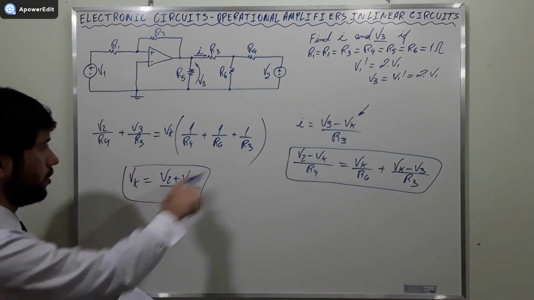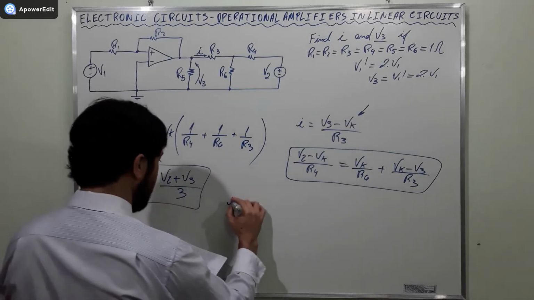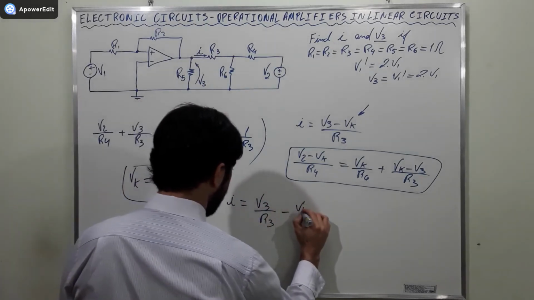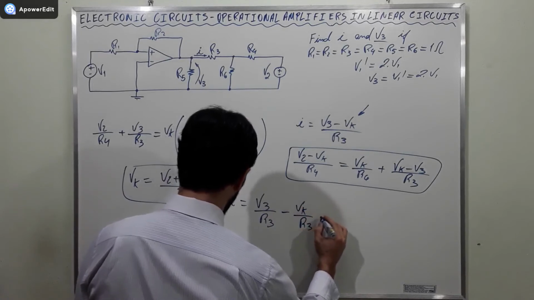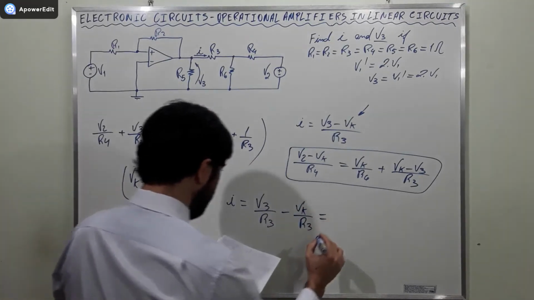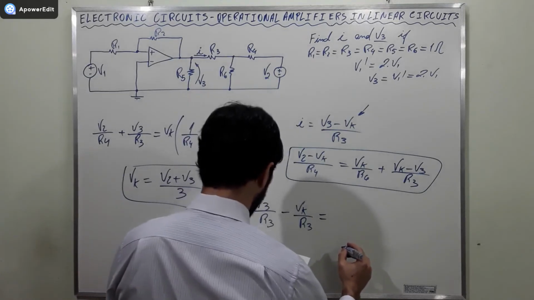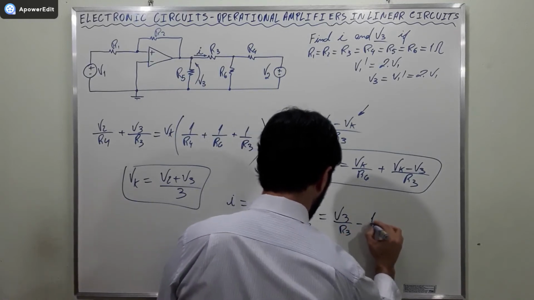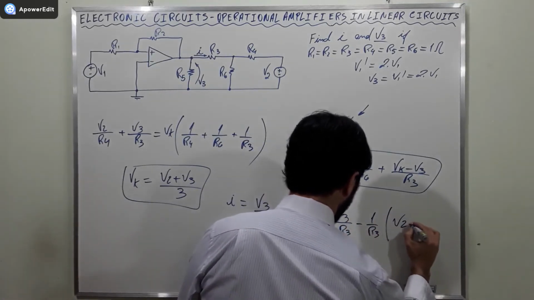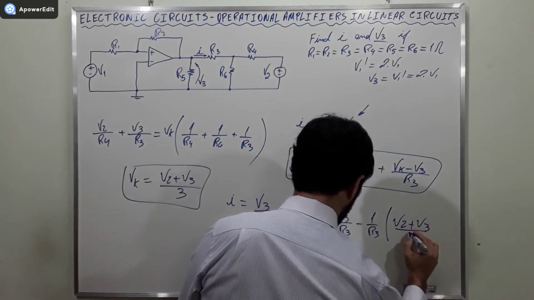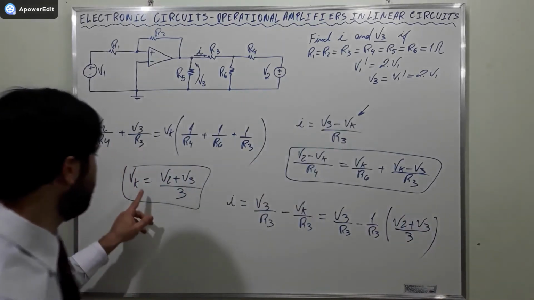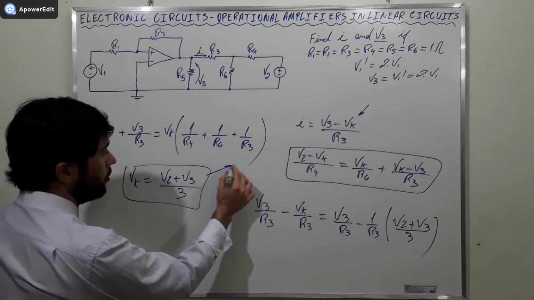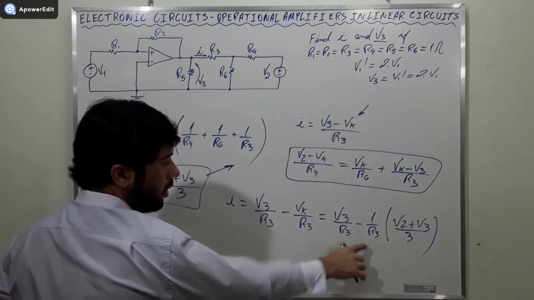We are going to substitute this there, and we're going to find that I is equal to V3 divided by R3 minus Vk divided by R3, which is equal to V3 divided by R3 minus 1 over R3 times V2 plus V3 divided by 3. We simply use this value here. We substituted this here. Follow the arrow, this here, and then we got this.